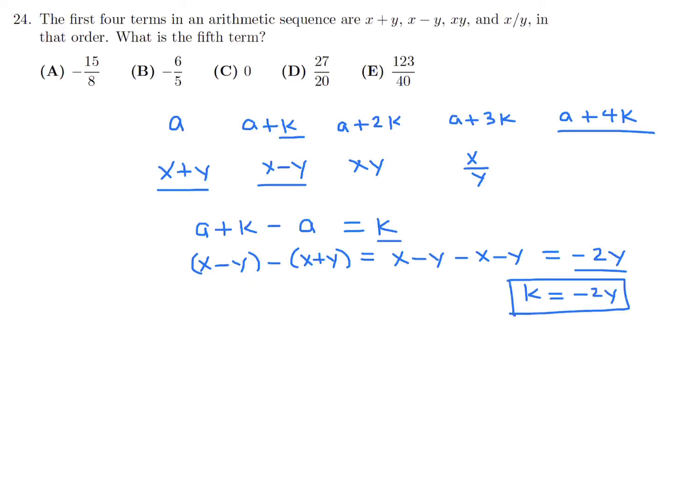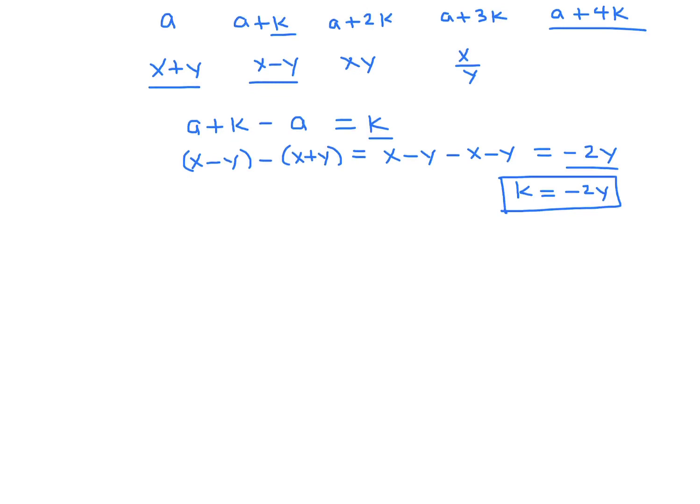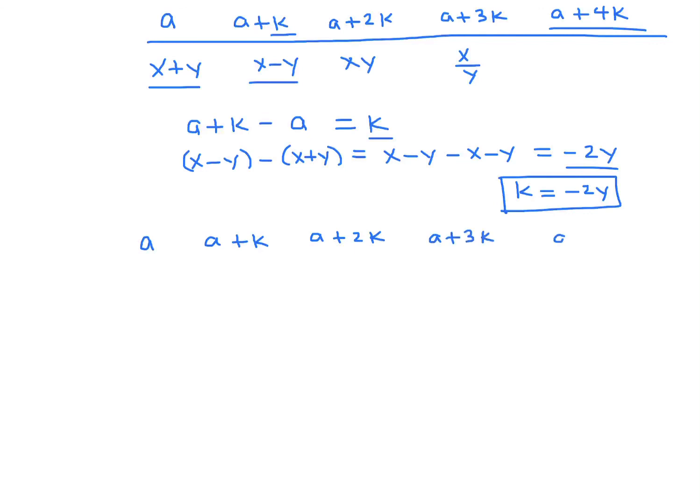And now I'll concentrate on getting a. So several ways to proceed here. If we proceed with that, we can go back and look at these terms a little bit more carefully. a, a plus k, a plus 2k, and a plus 3k, right?